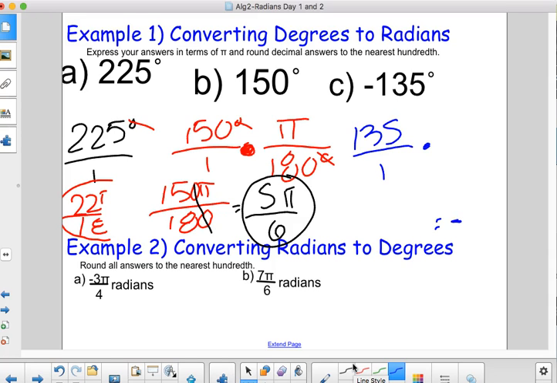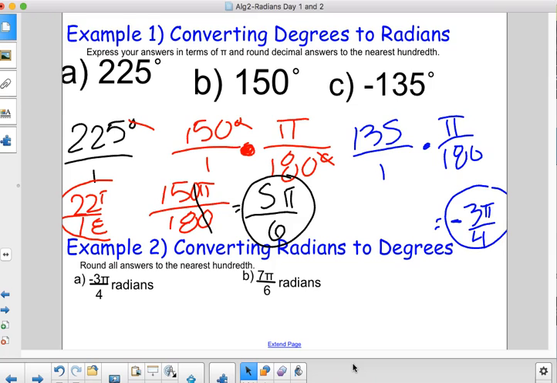If you want to change it into radians, what goes on top? The pi is 180. Pi, what does this guy reduce down to? 3/4. So, measuring the same angle, just two different ways.